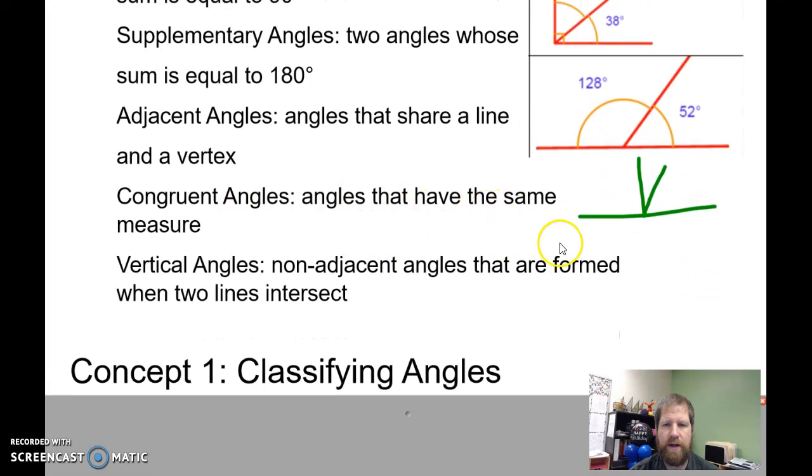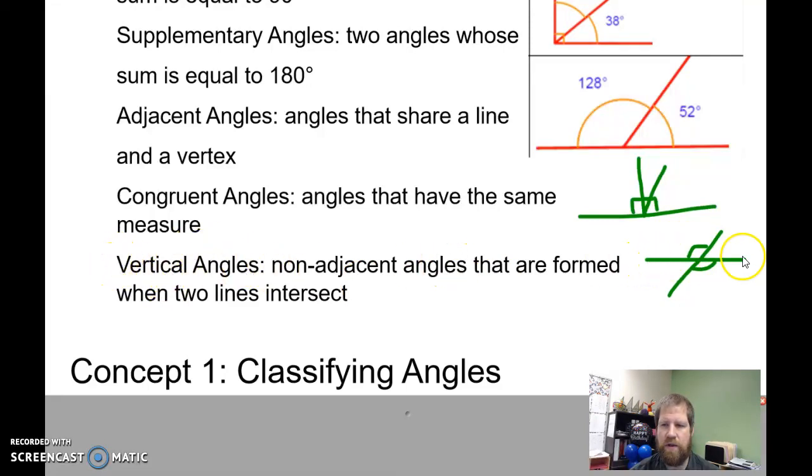Congruent angles are angles that have the same measure. So this one right here and this one right here are congruent because they're both 90-degree angles. If we looked at this one, this angle and this angle are going to have the same measure, so these are going to be congruent. These are also called vertical angles.